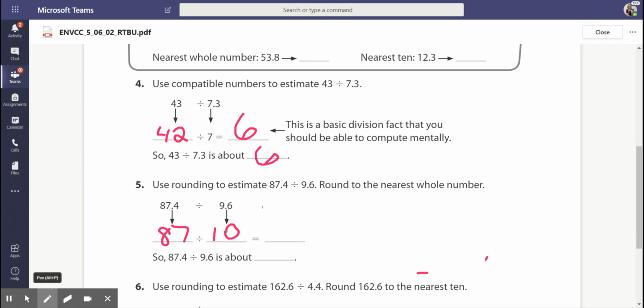Oh, look, we're dividing by 10. We remember what we have to do here. We move the decimal point, you got it, one place to the left. So we would get 8 7/10. So 87 4/10 divided by 9 6/10 is about 8 7/10. Good job, guys. Moving right along.